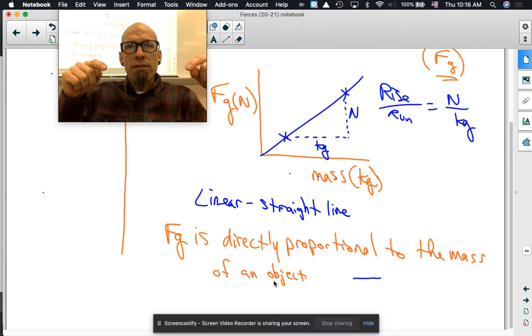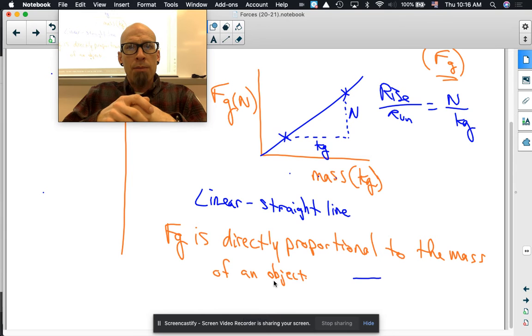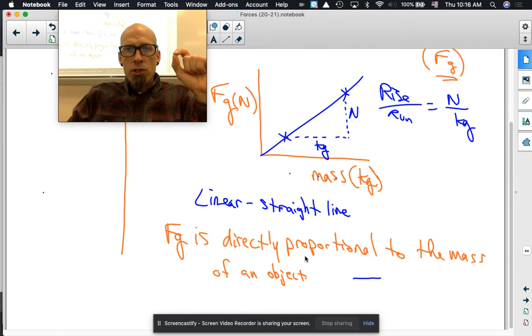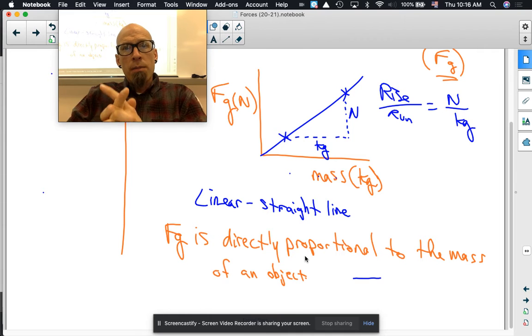We see that the gravity force is affected by how much mass an object has. Not only is it affected by it, it is affected in a directly proportional relationship. And remember, another word for proportion is ratio. That means we have a consistent ratio of force of gravity for every unit of mass.